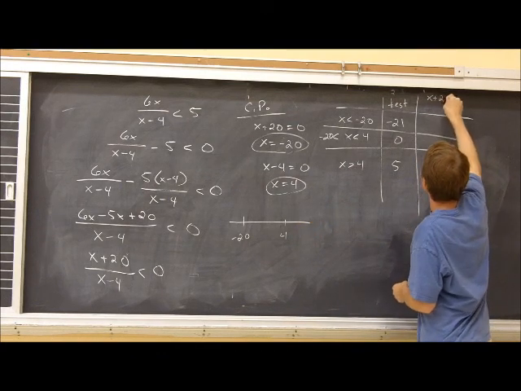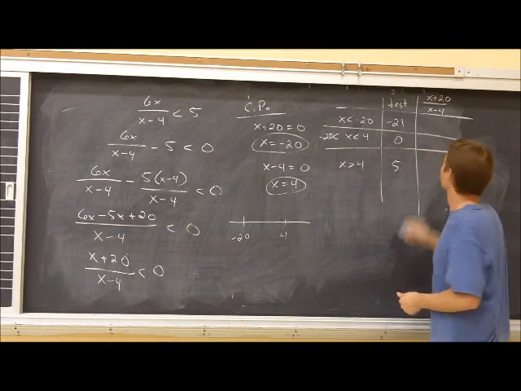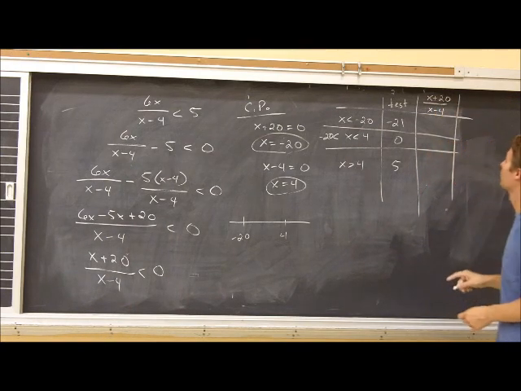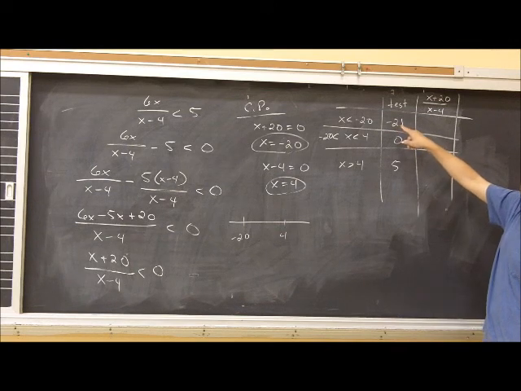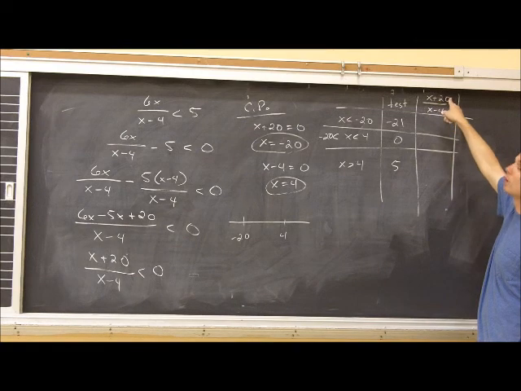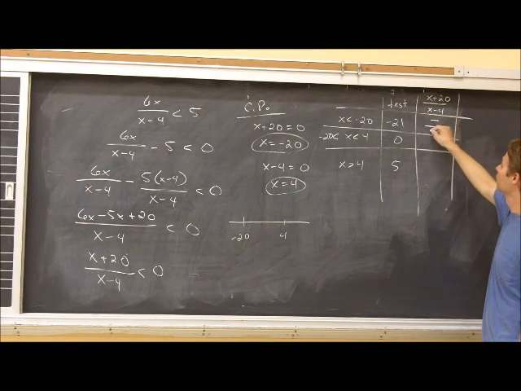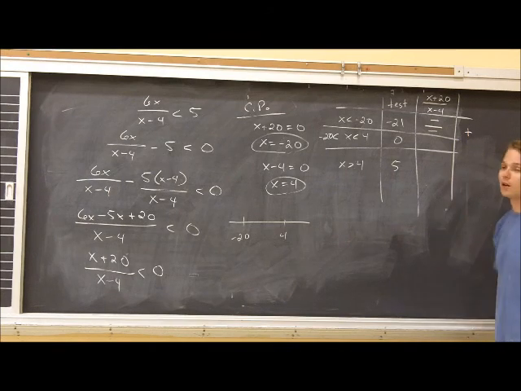So I'm plugging into x plus 20 over x minus 4 to see if I get positive or negative values. Again, don't worry about the fact that this is a big number. We're just going to plug it in to see if it's positive or negative. Negative 21 plus 20 is a negative number. Negative 21 minus 4 is a negative number. So everything on that interval should be positive.